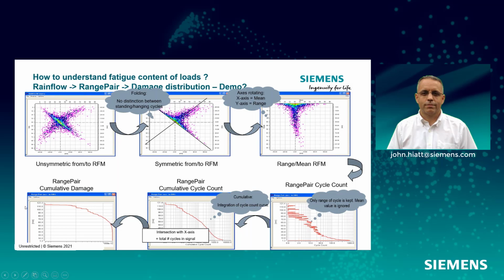Once I have this, then I can get a cumulative damage. You can also look at this instead of damage as a percent. So I'd normalize this, and that would mean that at 40%, the cycles above 40 contain almost 100% of my damage.